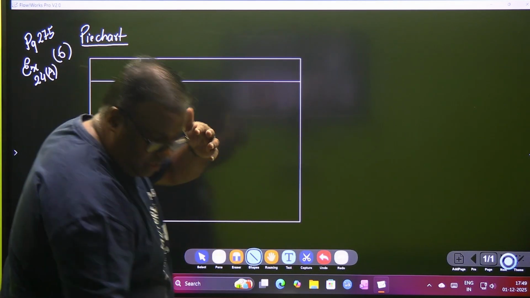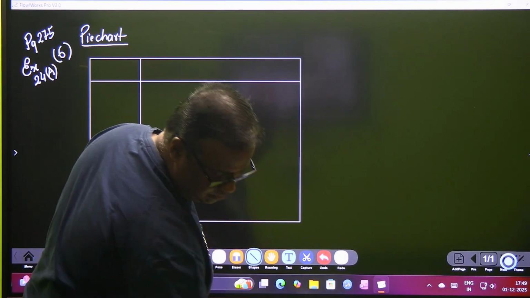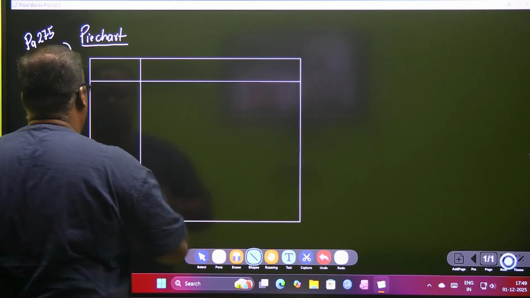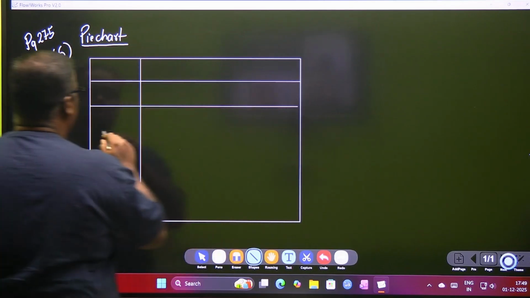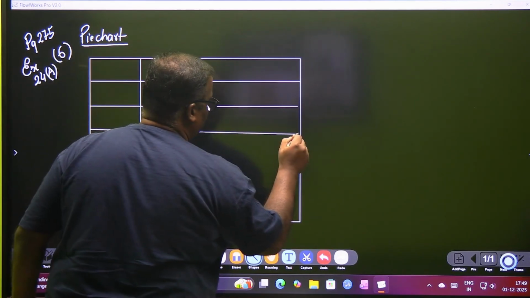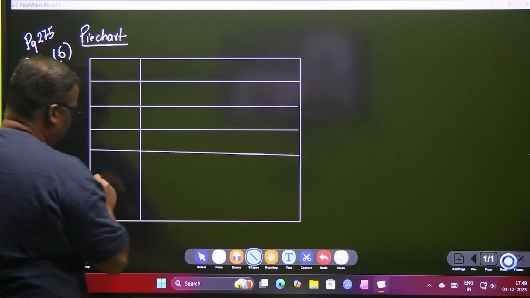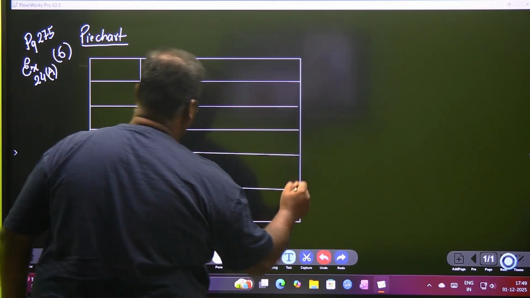So we've got how many subjects, right? What are the subjects? English, Hindi, Maths, Science, Social.